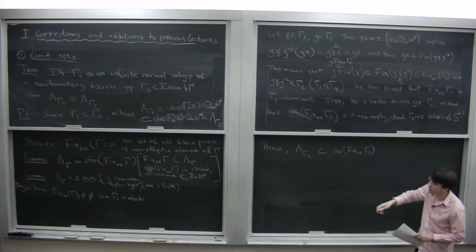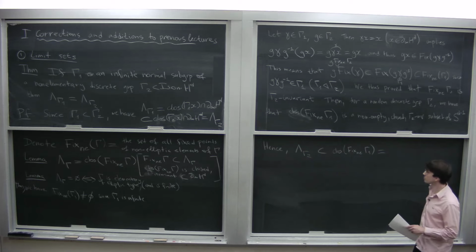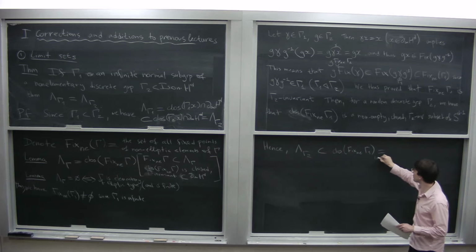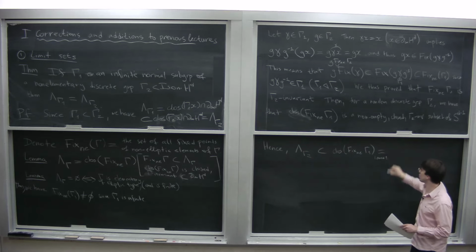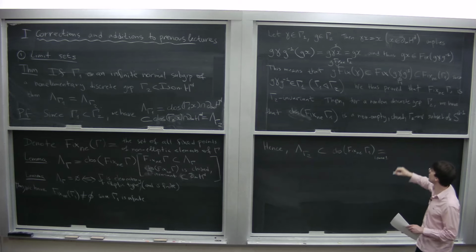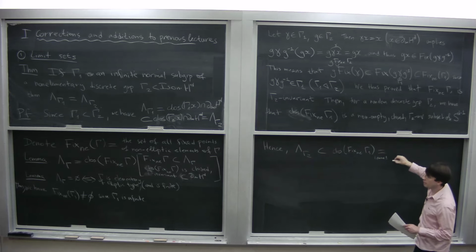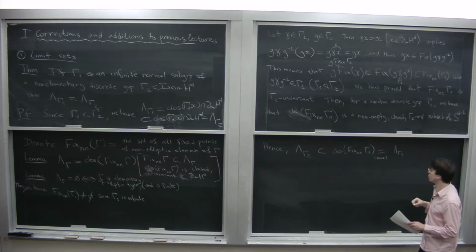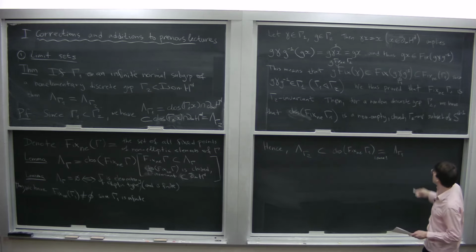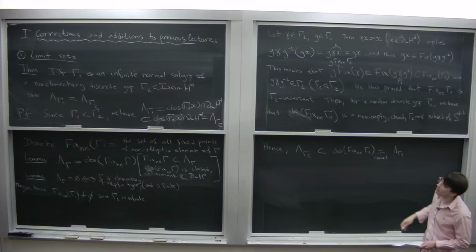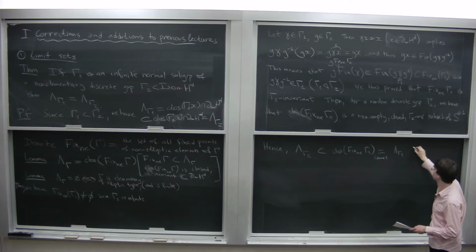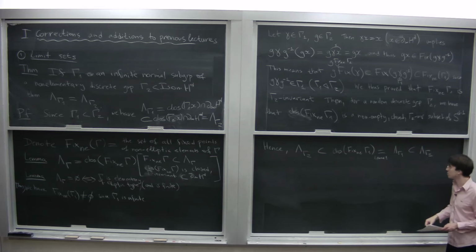But on the other hand, by lemma 1, it is precisely the limit set of gamma 1. And we already showed in the beginning that this is a subset of lambda gamma 2. So they coincide.